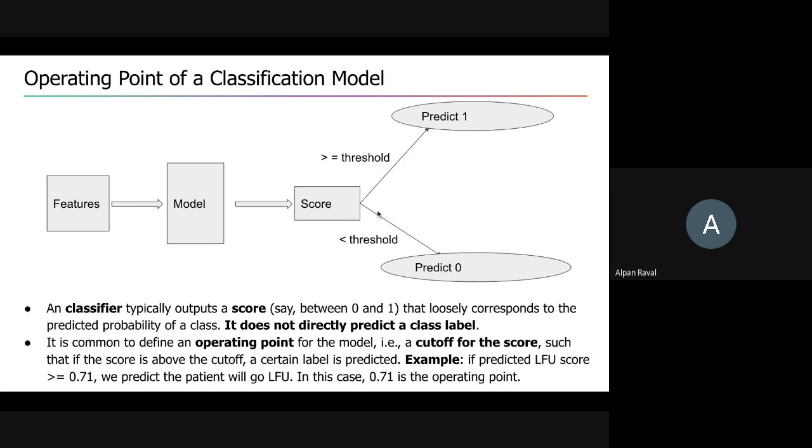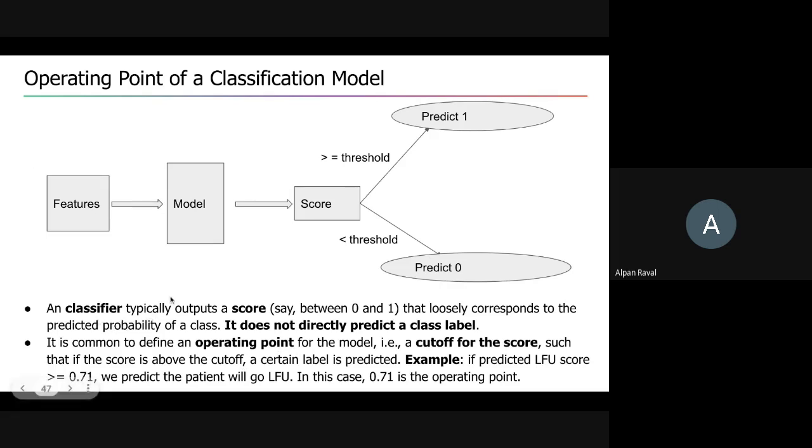So 1 is a positive prediction, 0 is a negative prediction. If my score is bigger than the threshold, I predict it to be in one class. If it's below the threshold, I predict it to be in a different class. So now you've converted an AI model into a classifier for which you can calculate a confusion matrix, because it's predicting for each data point whether it's in one class or the other after you apply the threshold.